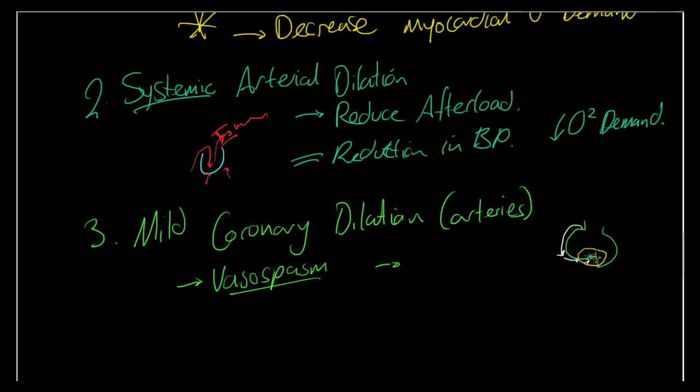We might be able to get a little bit of dilation that will help pull up our blood flow here because our blood flow is stopped here. So we talk about that as being one of the advantages of GTN. Whether it works that effectively is up for debate. But it can work to increase blood supply.